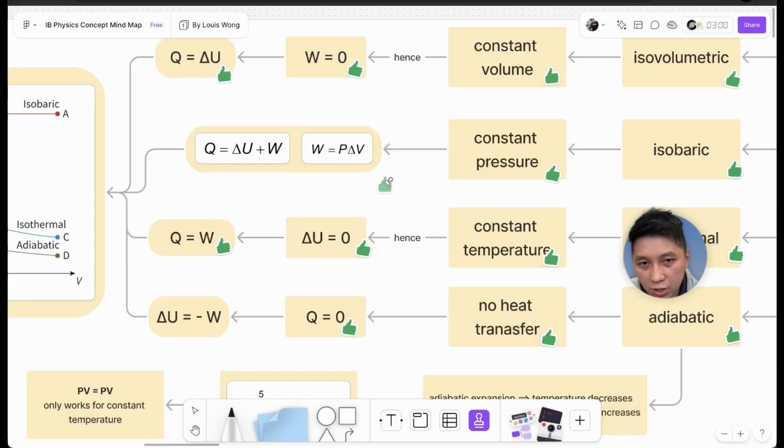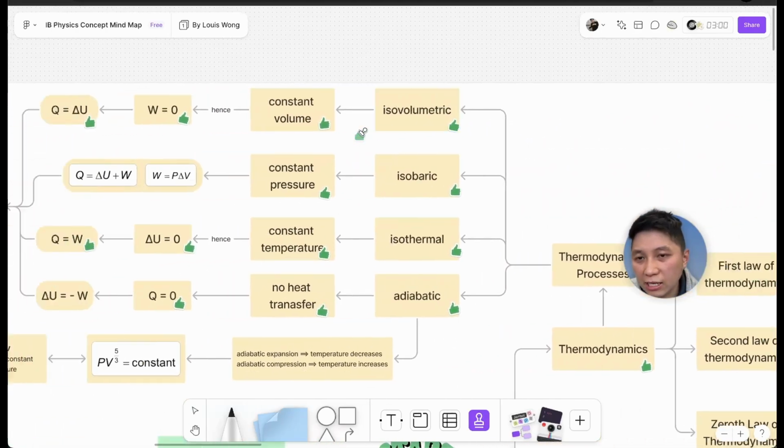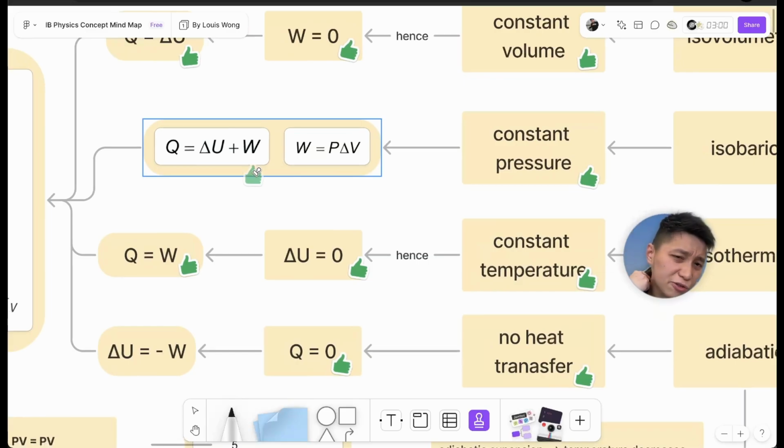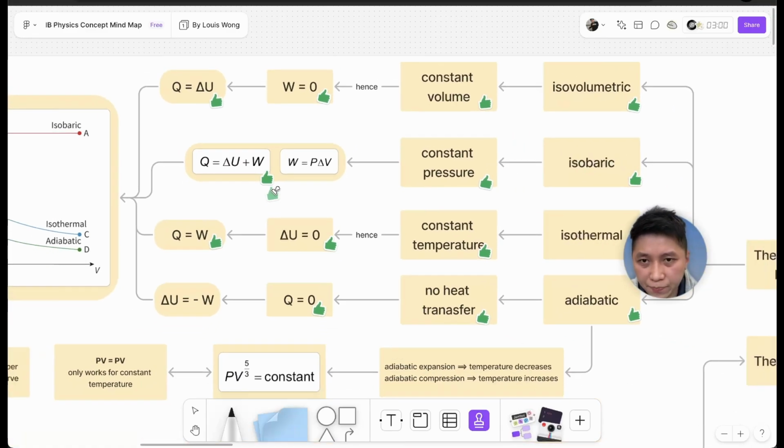While for pressure, it's a bit tricky because when the pressure is constant, remember we still have this diagram. In other words, you still have a change of volume. And that will mean you didn't actually reduce the original equation here. It's just that you know it's constant pressure. So you might be doing some calculation with that easily with just a rectangular shape, because if it is not continuous, then you basically need calculus to calculate.